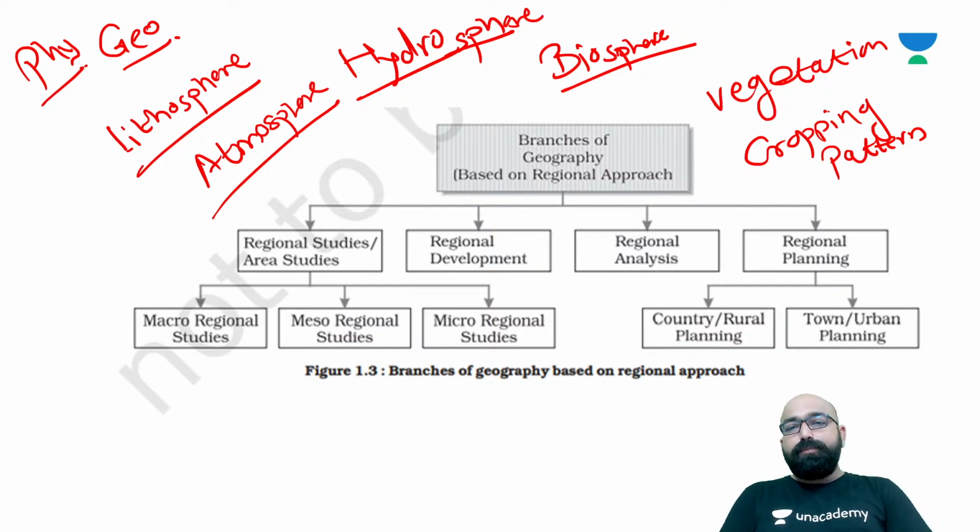Now, friends, human beings have developed technologies which modify climatic elements in a restricted space, such as air conditioners and coolers.